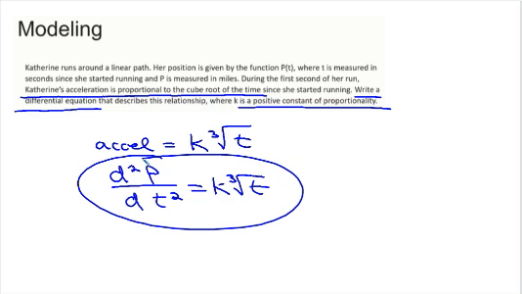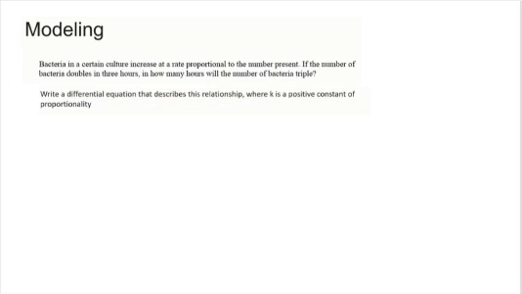Okay? Let's look at another one. Bacteria in a certain culture increase at a rate proportional to the number present. If the number of bacteria doubles in 3 hours, in how many hours will the number of bacteria triple? Write a differential equation that describes this relationship where k is a positive constant of proportionality.